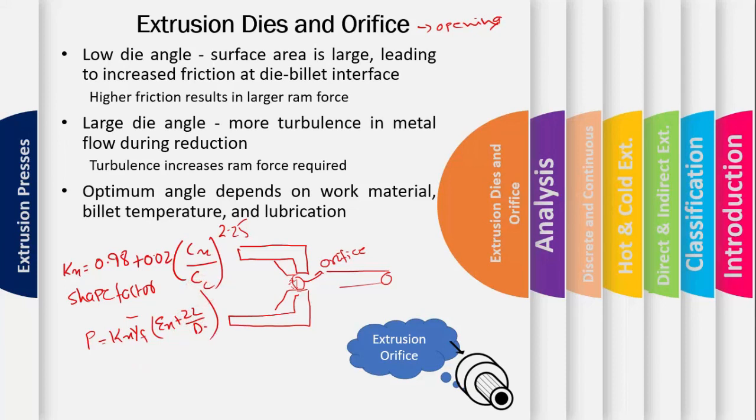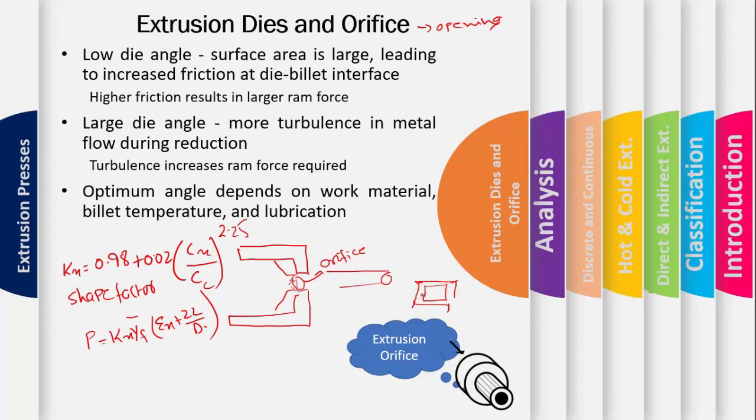If we have some other cross section of the work part other than the circular one, Cc here is the parameter if our profile was circular, and Cx is the parameter for the profile we are dealing with. So let's suppose we have a product that has some rectangular profile, so we'll calculate the parameter of this one in all these directions, so that will be equal to Cx.